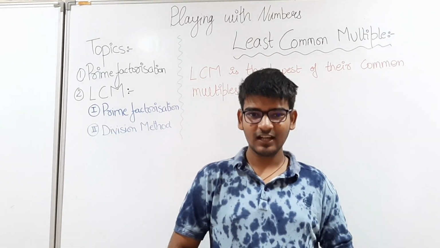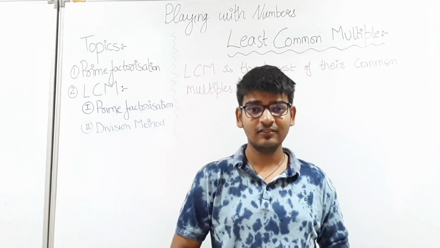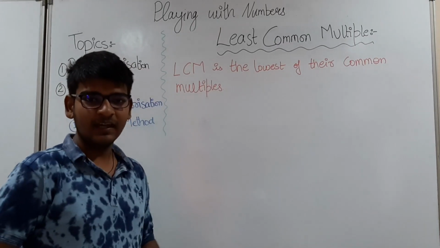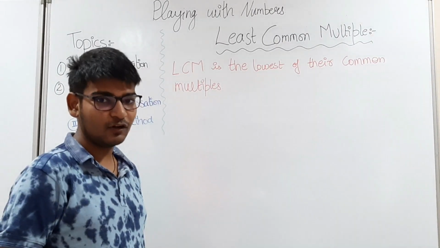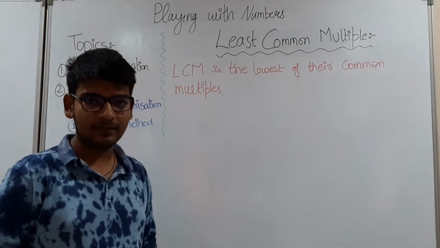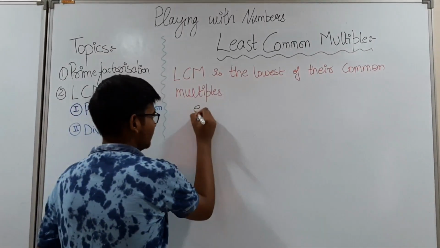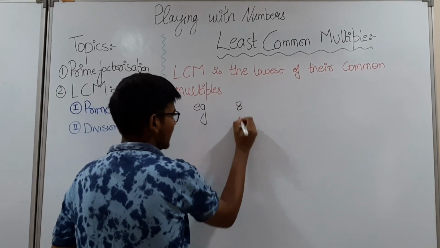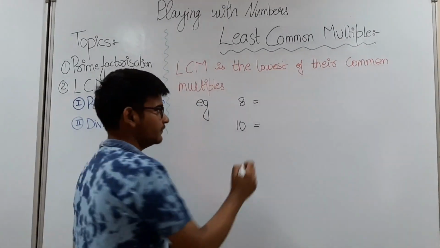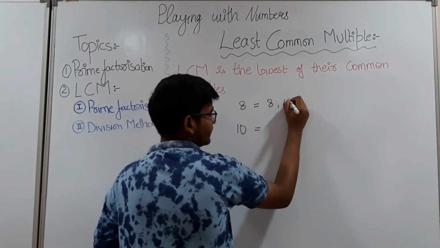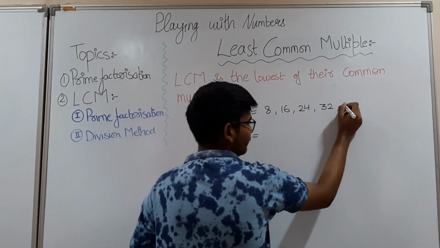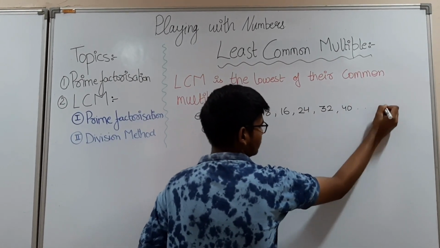So now let us start our next topic, that is least common multiple. As the definition says, LCM, that is least common multiple or the lowest common multiple, is the lowest of their common multiples. Let us take the example 8 and 10. Let us start writing their multiples: for 8, 8, 16, 24, 32, 40, and so on.